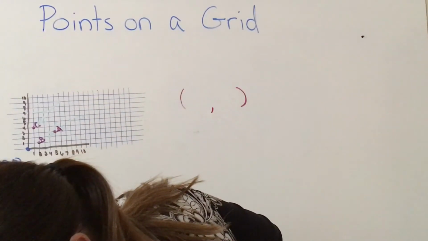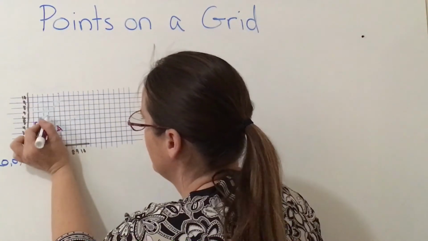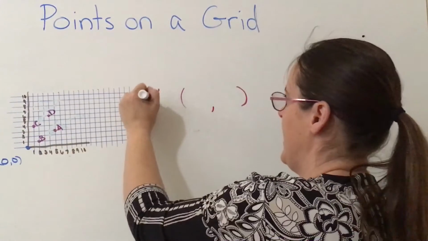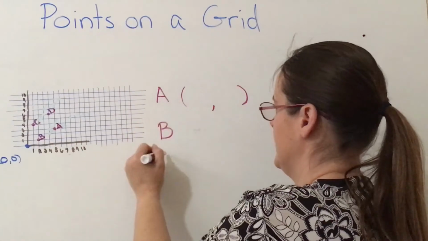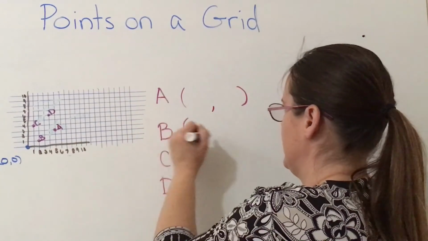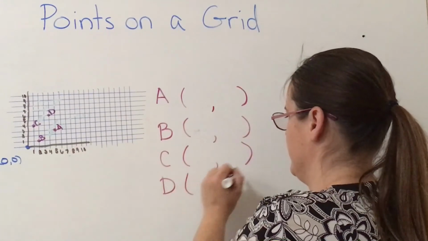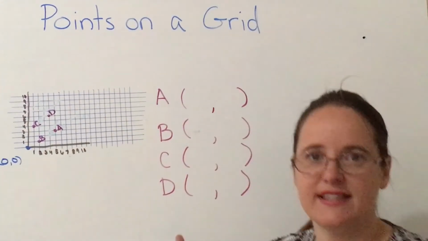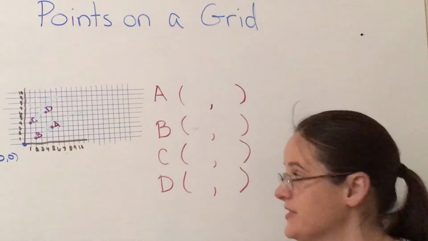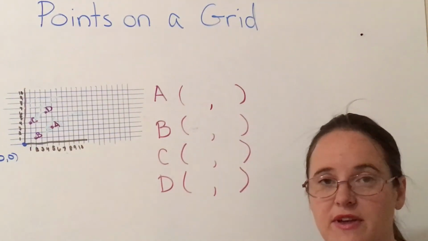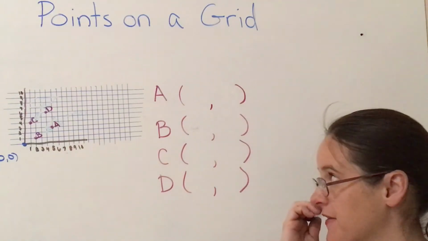And point D is right there. So for A, B, C, and D, go ahead and try to write the ordered pairs just like this, but you fill in the numbers. And if you hit pause while you try to do this, when you hit play again, we'll go over the answers together.